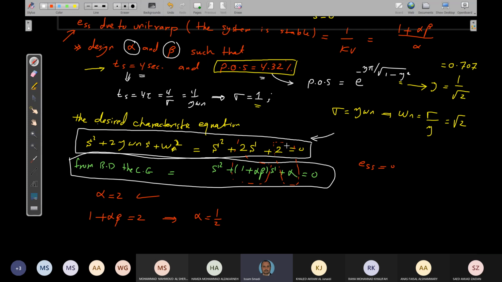What I need to do is to compare the coefficient of the same power of s, correct? So from s to the power 0, I'm getting alpha is equal to 2, and from the coefficient of s to the power 1, I'm getting 1 plus alpha beta is equal to 2. Plug and play, and you will get alpha according to Muhammad. Huh? I'm not sure about that.